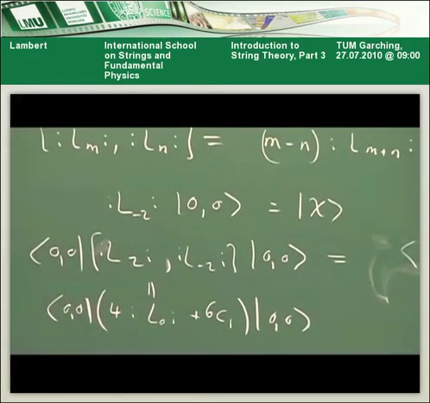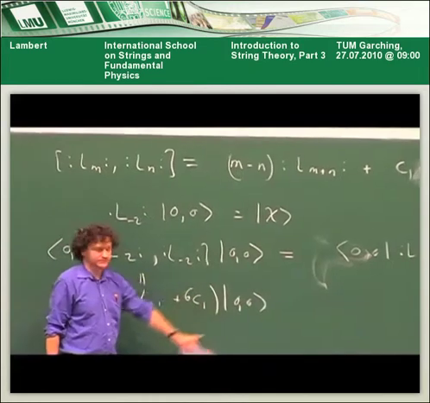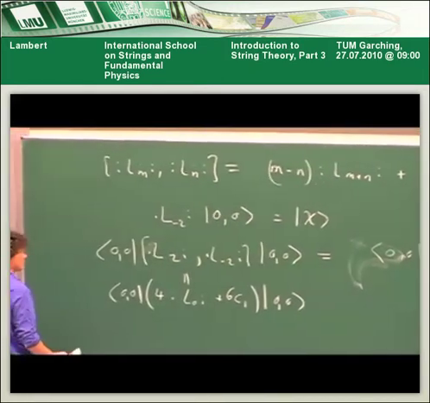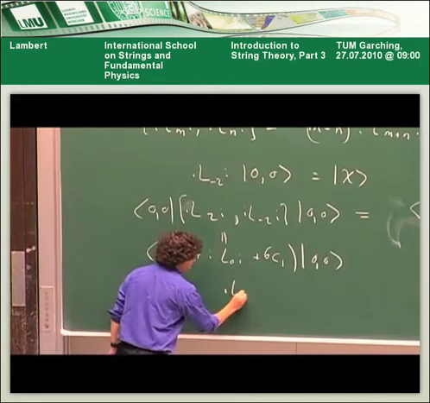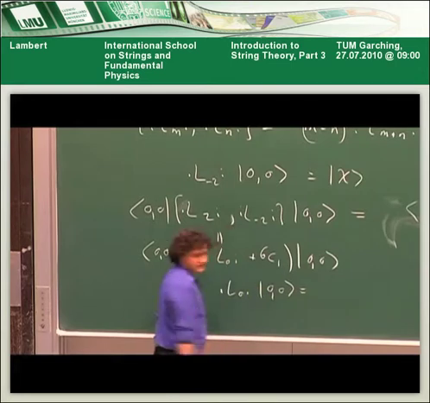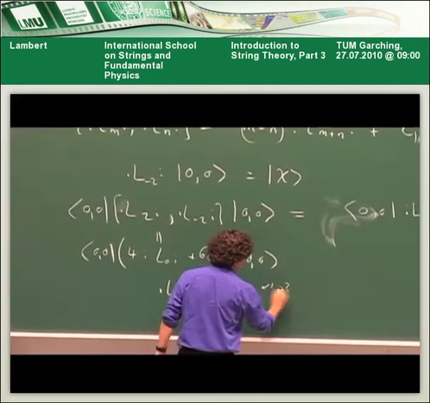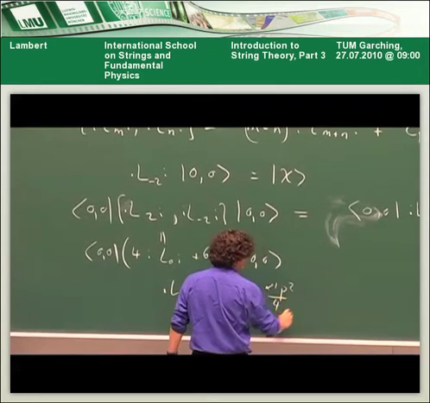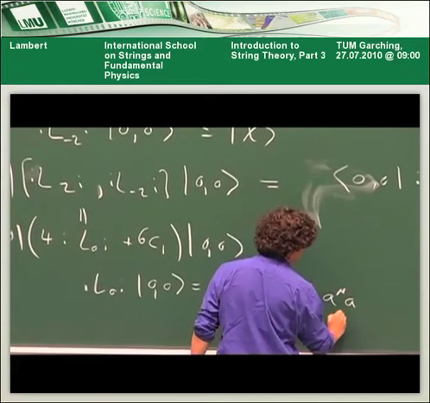Now, L naught acting on this is 0, because the momentum is 0. Remember, this is alpha prime p squared over 4 plus the normal ordered expression with positive moded oscillators.